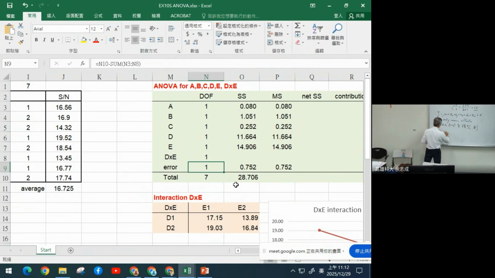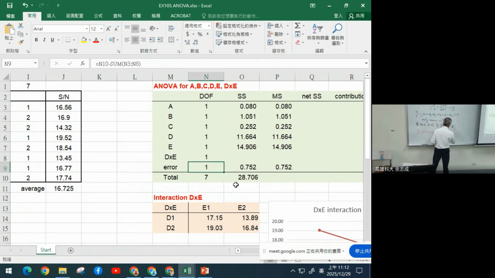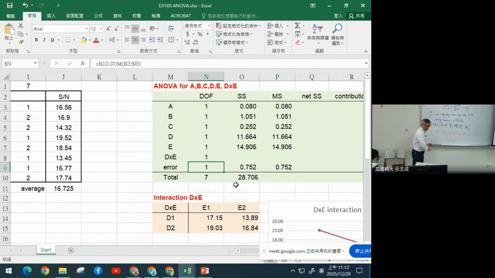y = mu plus A, B, C, D, E, and what? The interaction DE. You have one additional effect in your model.